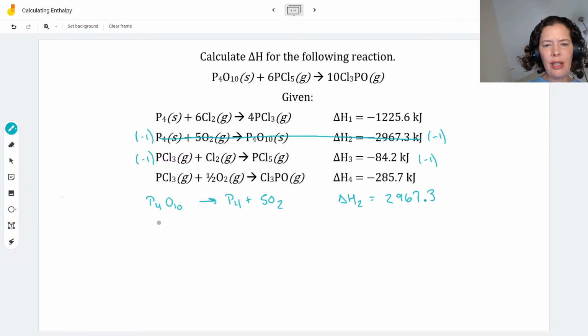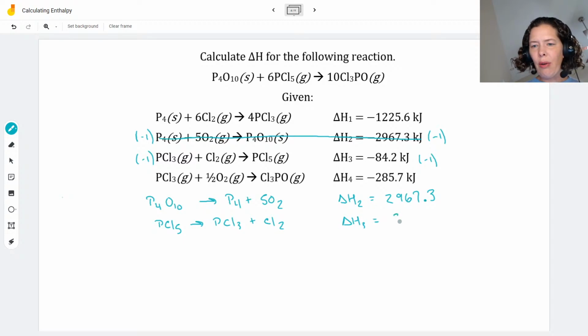Okay, so that's going to give me PCl5 going to PCl3 plus Cl2, and of course my delta H3 is now positive kilojoules. All right, so cross that one out so I don't use it.